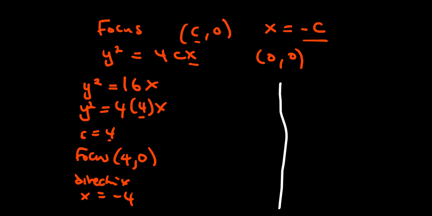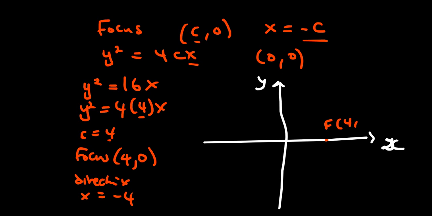Let me write that properly. You have your x here and your y there, and you're told to graph it. Our focus is (4, 0), so we move 4 in the x. This is my F, (4, 0).